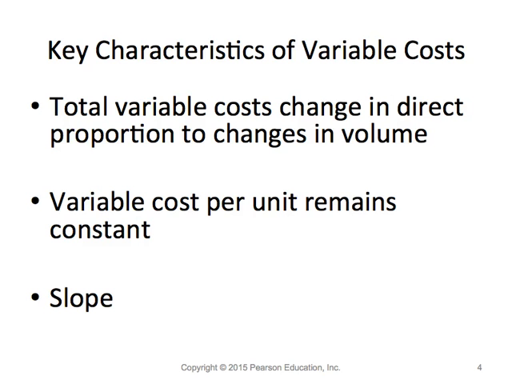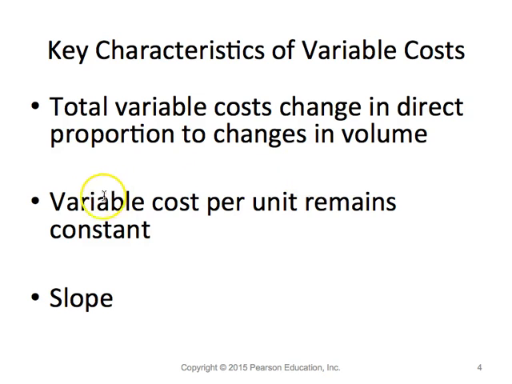So, some characteristics of variable cost. Total variable costs change in direct proportion to changes in volume. So variable cost per unit remains constant. Let's say the $5 a chair is a variable cost. It doesn't change at all, but only when the volume goes up does the total variable cost change.